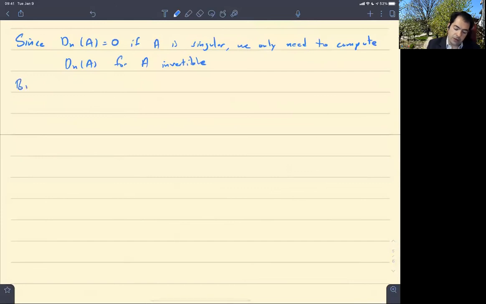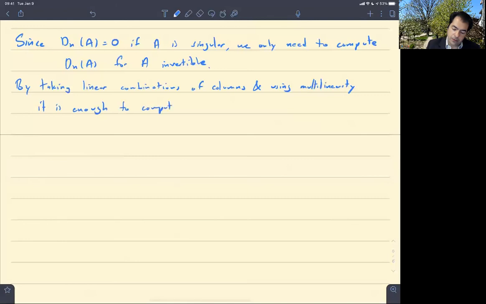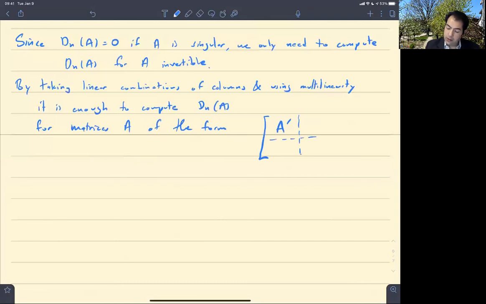Okay, so since we have an invertible matrix, by taking linear combinations of columns and using multilinearity, it's enough to compute d_n of A for matrices A of the form: you have some matrix of size n minus 1 times n minus 1, you have zeros here and then a 1, and then over here, who knows?